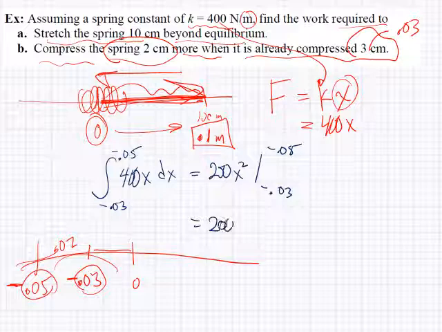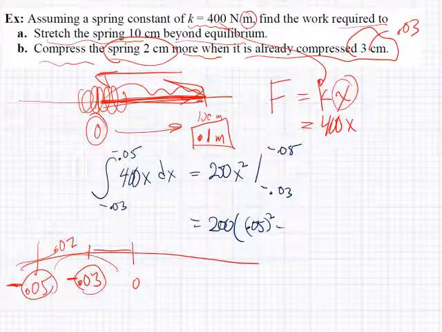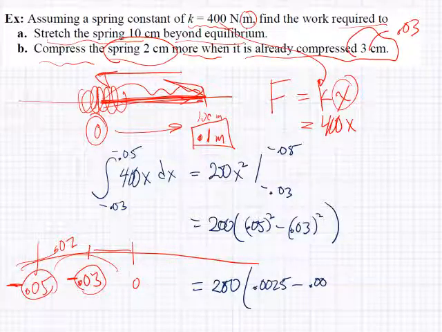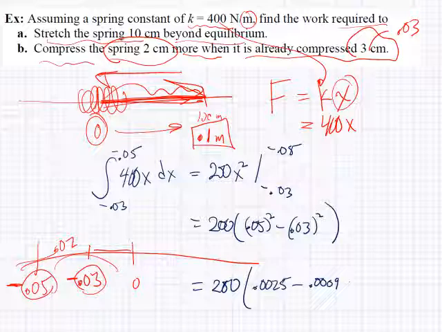So we're going to get 200 times 0.05 squared minus 0.03 squared. So we'd actually have to do that computation. Pretty simple. We got rid of the negatives because we're squaring them. So 0.05 squared would be what? 0.0025, minus 0.03 squared would be 0.0009.